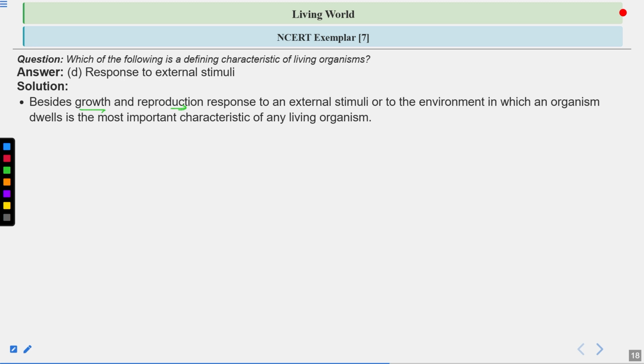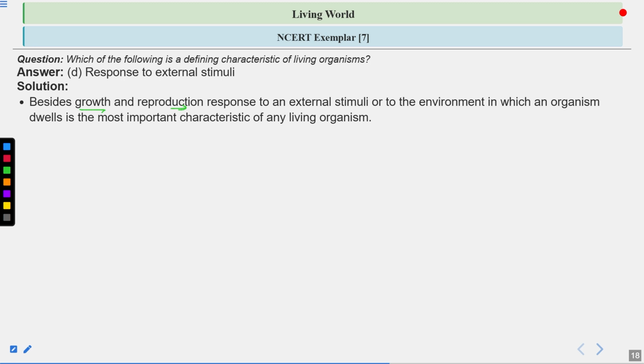Okay, then if you talk about viruses, viruses are considered non-living when they are outside the host, they are not reproducing. And when they enter the host, they are then considered as living and then they reproduce. So again, reproduction cannot be a defining feature of living organism because viruses are also reproducing, but inside the host, outside the host, they are dead.